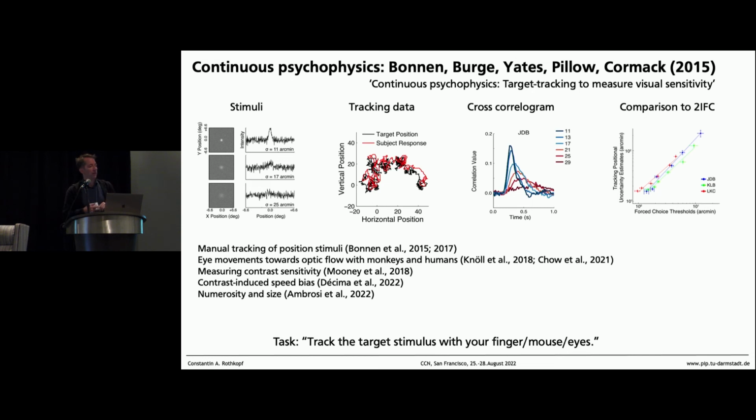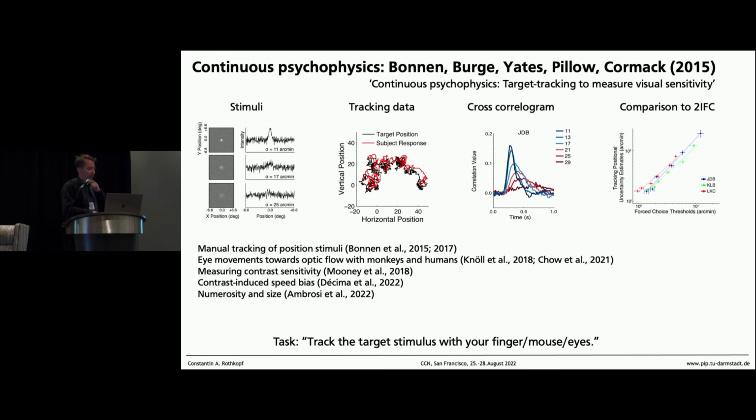And so they were wondering where this was coming from. And since then, there have been other authors with other experiments that are really interesting. So there is interest in doing more with this continuous psychophysics because subjects report it to be fun, intuitive, and it's much shorter, right? And if you have ever done a 2AFC, you know hours and hours of contrast discrimination in a lab. That's not fun, right?